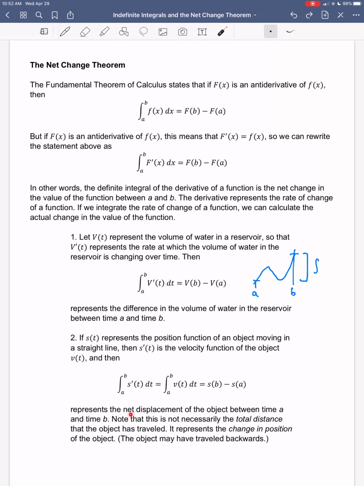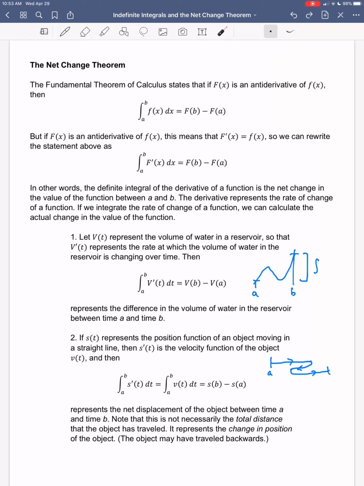Now, this is not necessarily the total distance that the object has traveled between those two times. It represents the change in position of the object. My object may have traveled backwards. So I'm here at time a. Maybe the object travels forward for a while, then backward for a while, and then forward again, and that's time b.